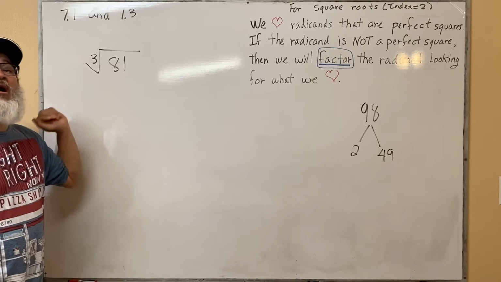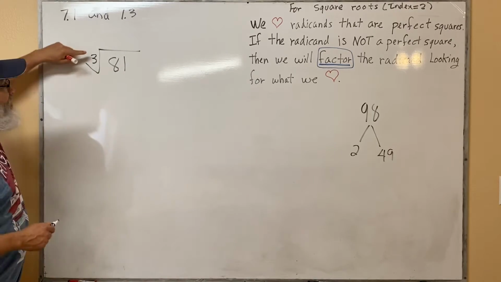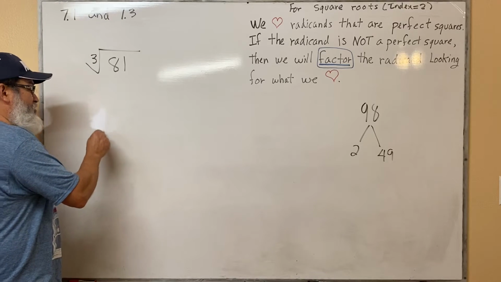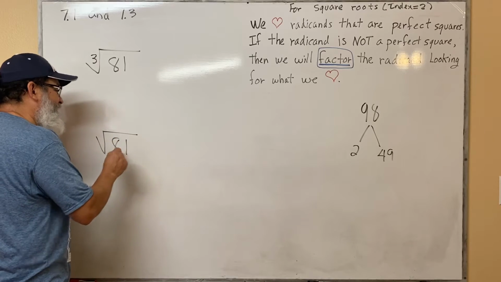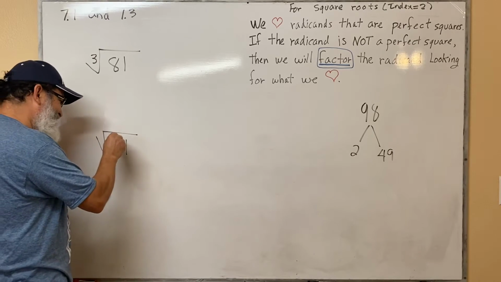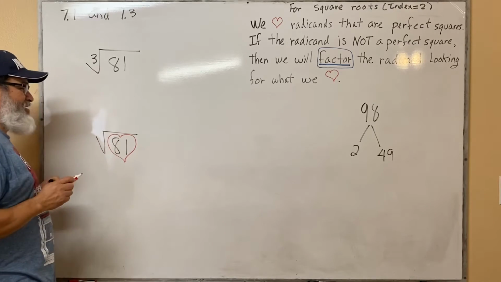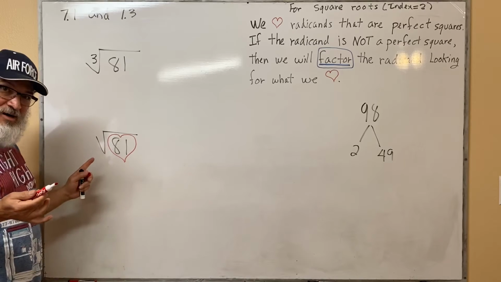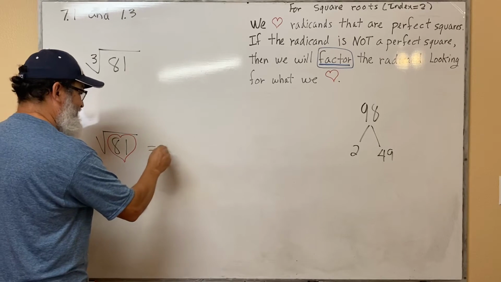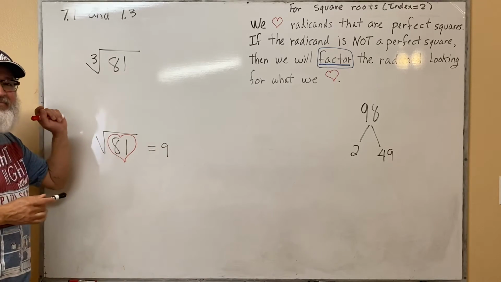I used to love this 81 when the index was 2. The square root of 81, I love the 81. Yes, I do. This should be within the heart because it's a perfect square. The answer is 9. But not here.